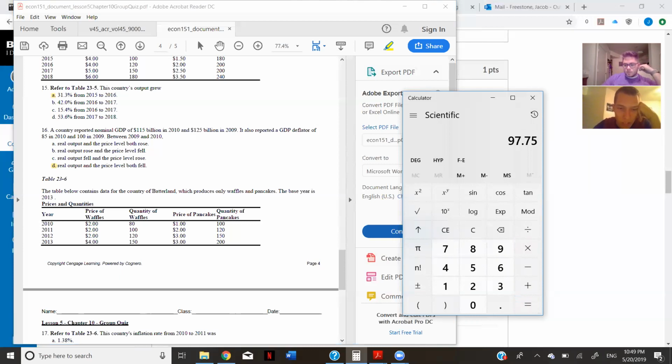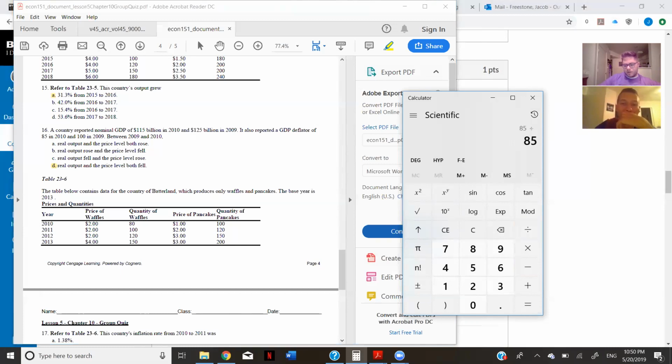Hold on. So wait, what would it be? So it'll be 115 divided by X times 100 equals 85, right? If you're solving for real GDP.